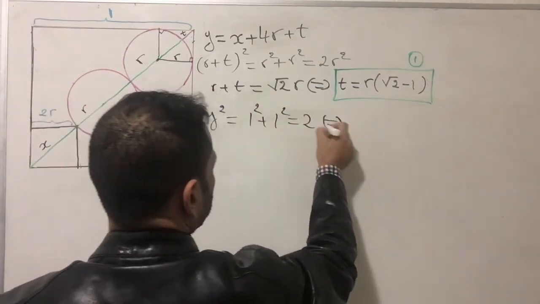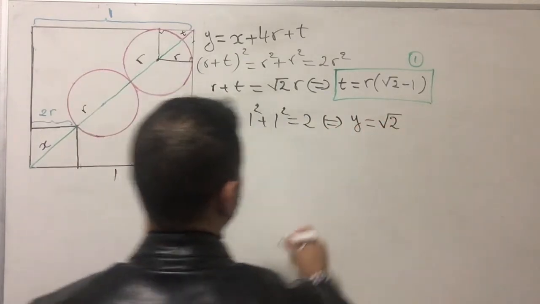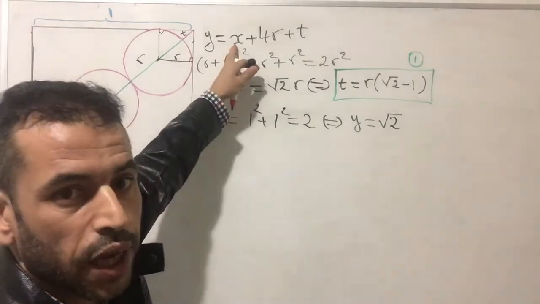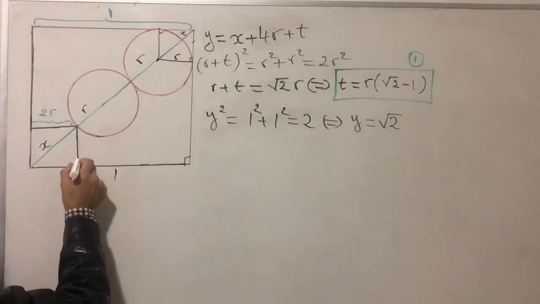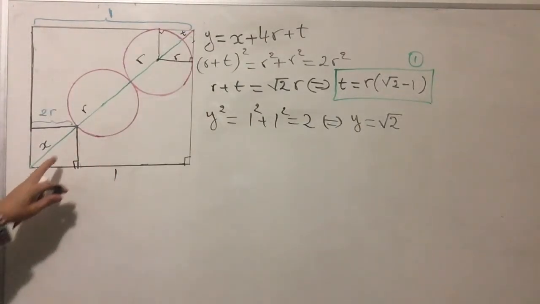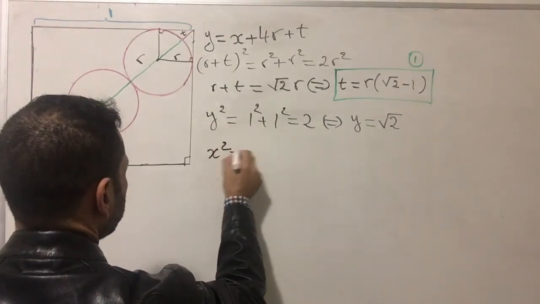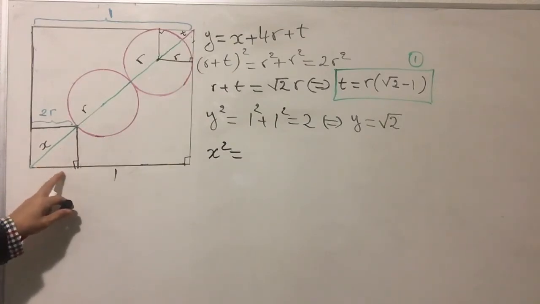So y equals square root of 2. Now I'm going to evaluate x as well. In this small triangle I have x squared, applying the Pythagorean theorem here.